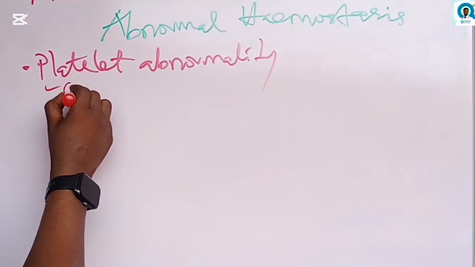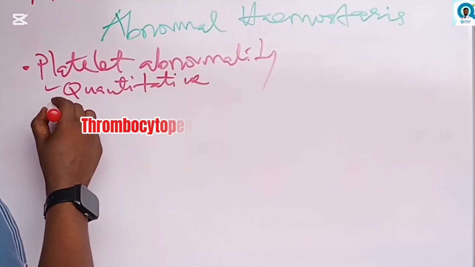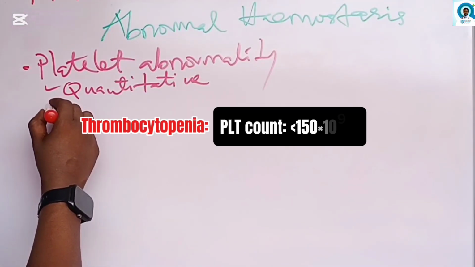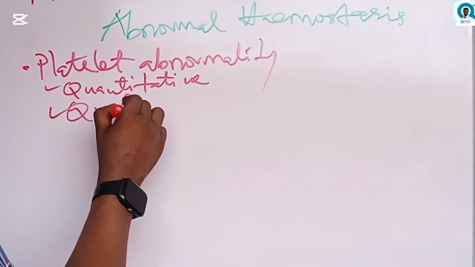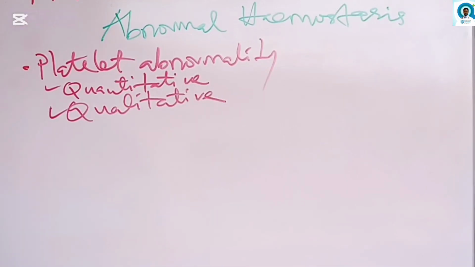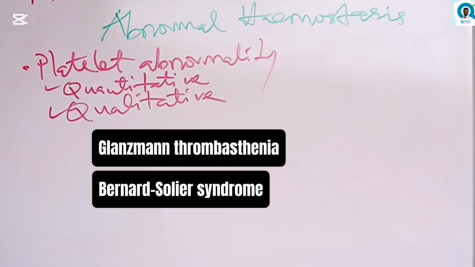Quantitative platelet abnormality include thrombocytopenia, that is, platelet count less than 150 times 10 raised to the power 9 per liter. It could also be qualitative, including Glanzmann disease and Bernard-Soulier syndrome.